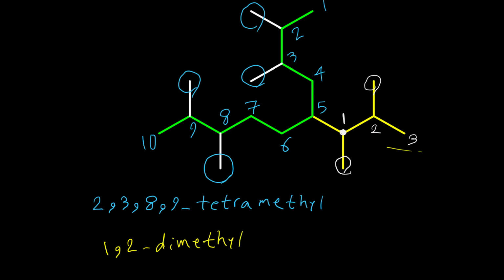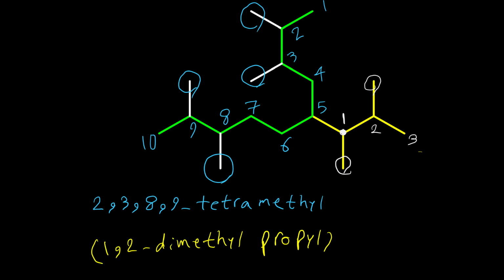Then the parent chain is 3 carbons, but we don't say propane because this is not an alkane. This is an alkyl group. So instead of propane, we write propyl because it is a group, it's not a molecule. And because we want to separate the name of these yellow groups from the rest of the name, we put it in parentheses.